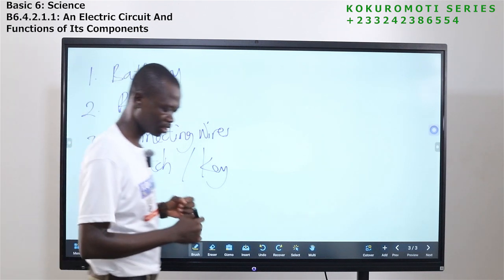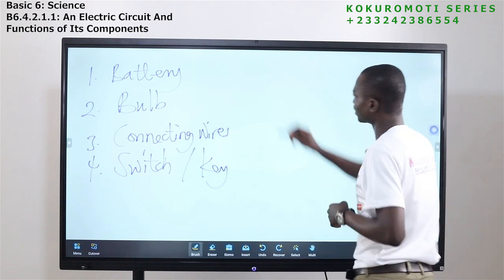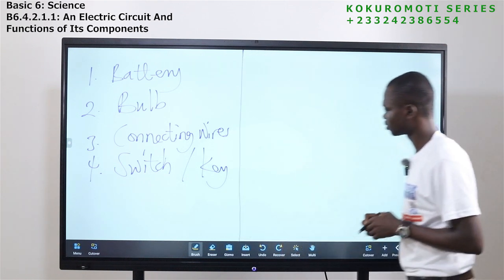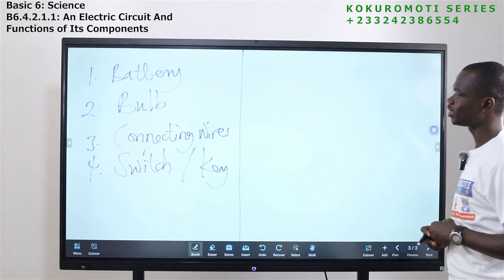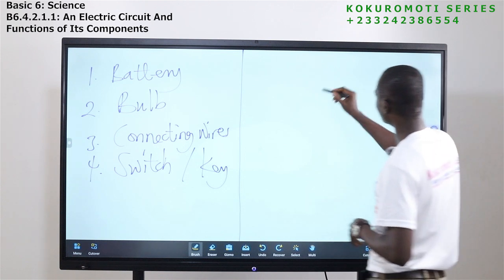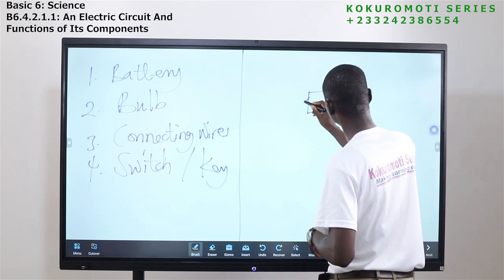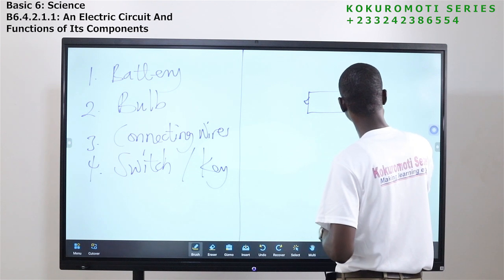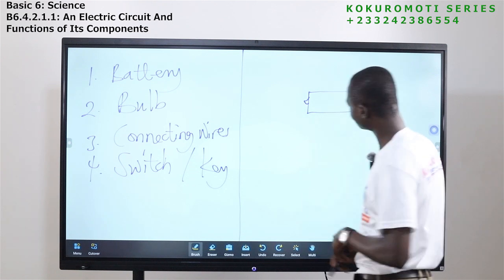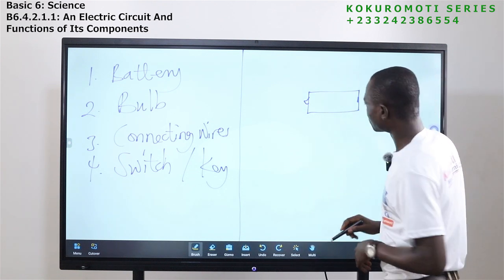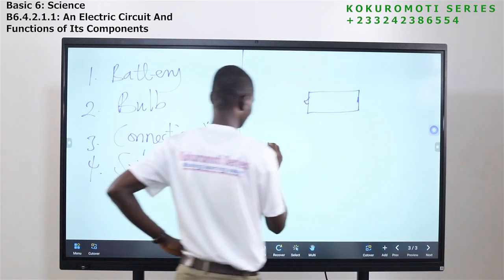And how do we get our circuits? By arranging this. So you get your battery here. The next one is bulb. So you have your bulb.